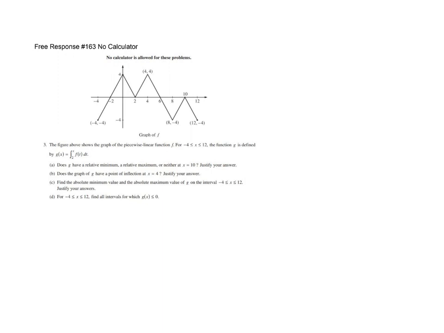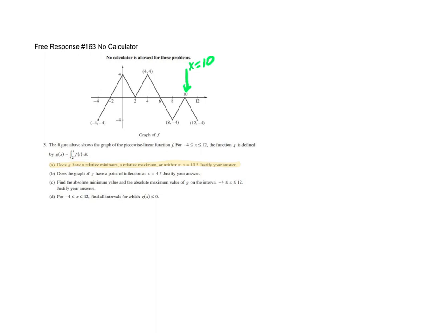So here we are. I just shrunk the picture down a little bit, but I'm going to answer the question, does g have a relative minimum, a relative maximum, or neither at x equals 10? All right, so we are going to focus on this point right here, x equals 10. And we need to find out what's happening with g.